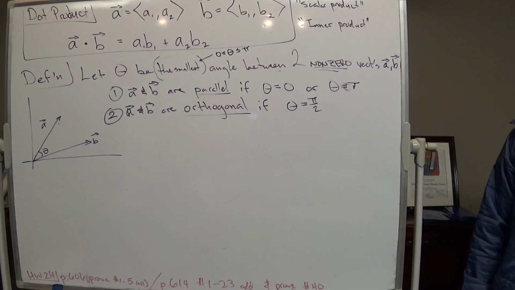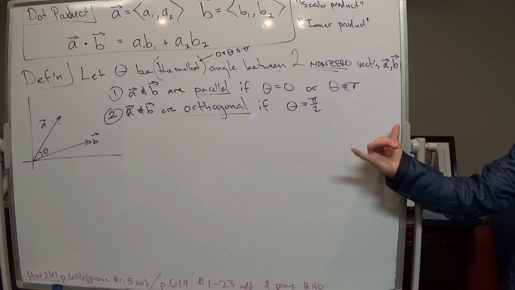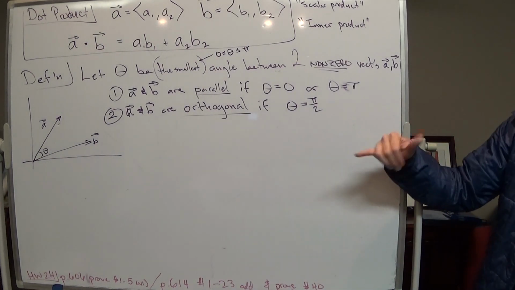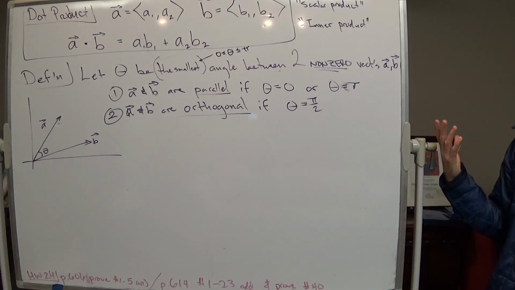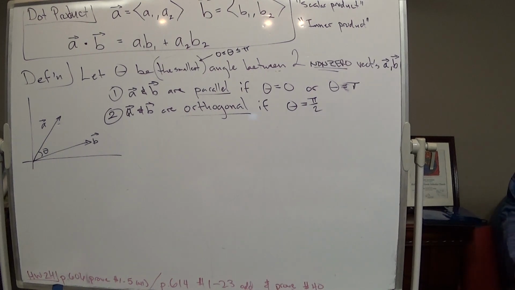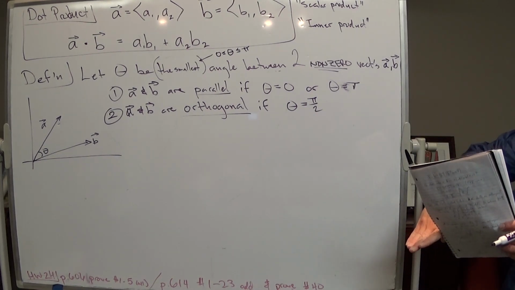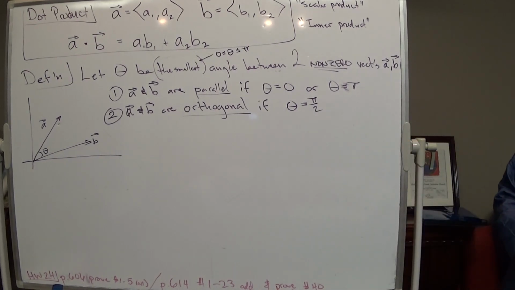It means the same thing. It's just now we've defined it in such a way that it will work in 3 space. And so if it's pi over 2, it's a right angle. That's what orthogonal means.